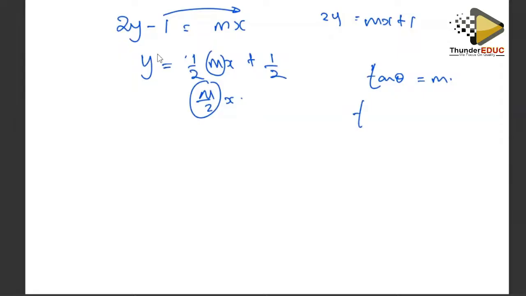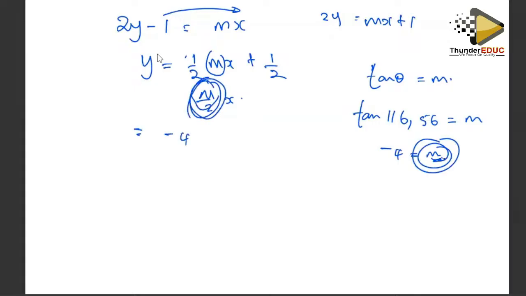So if we get the tan of 116.56, we should be able to get to our gradient. Punching this into the calculator, we're getting a -4. Then this is just the value m, but this m over 2 is our gradient, meaning that -4 divided by 2, the answer becomes a -2.